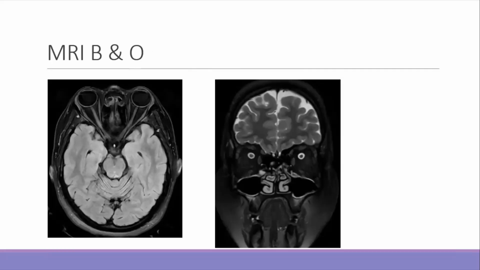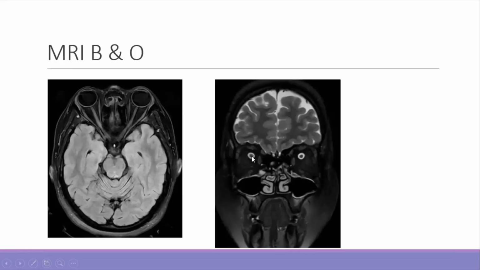So her MRI brain and orbit showed T2 hyperintensity in the right optic nerve, which you can see in the axial and in the coronal. So a little hint for us ophthalmologists on how to recognize T2, whether the nerve is hyperintense or not. Now, over here in the coronal section, you compare the inside. The outside is your perioptic space.